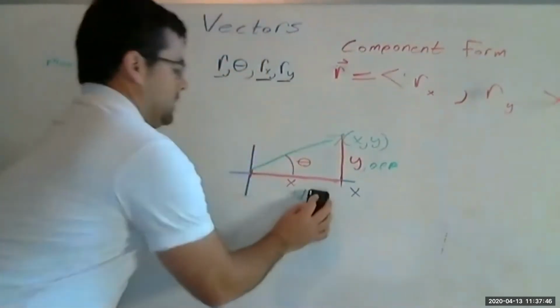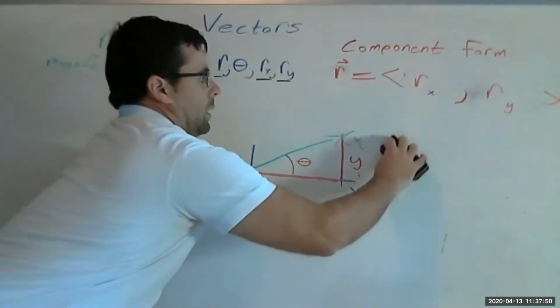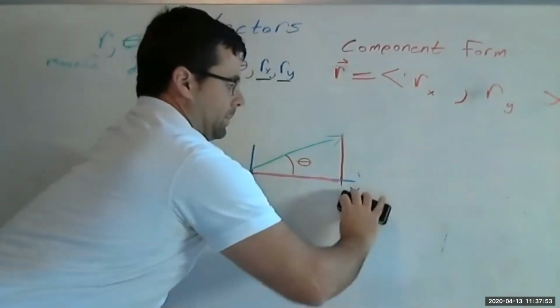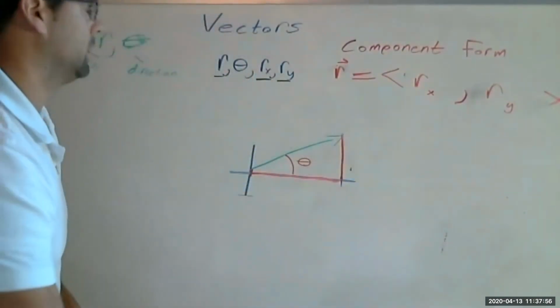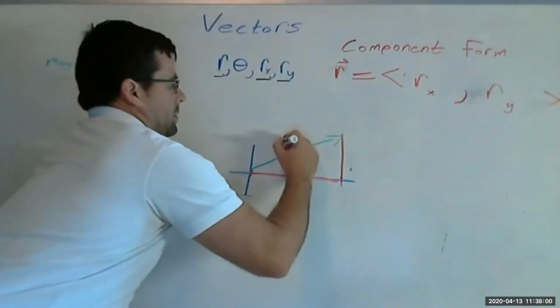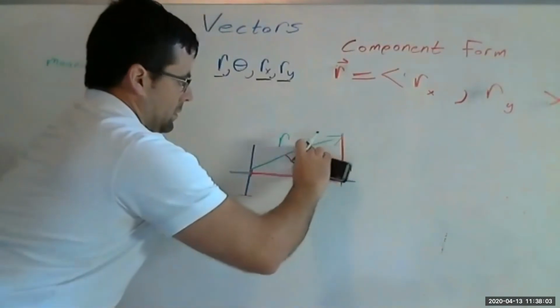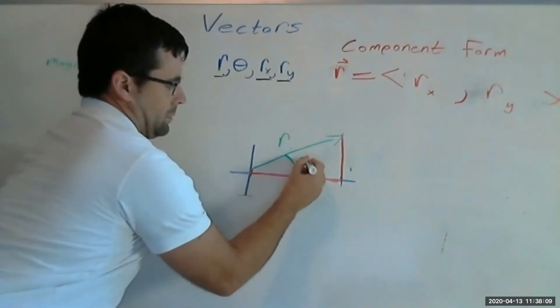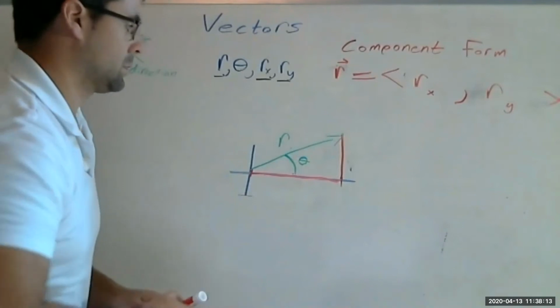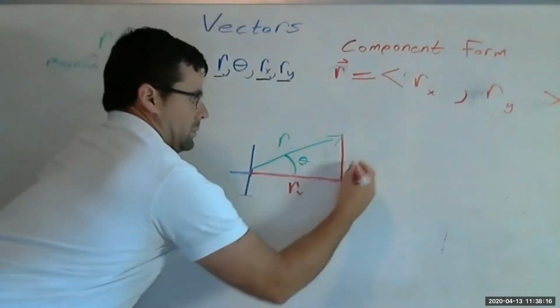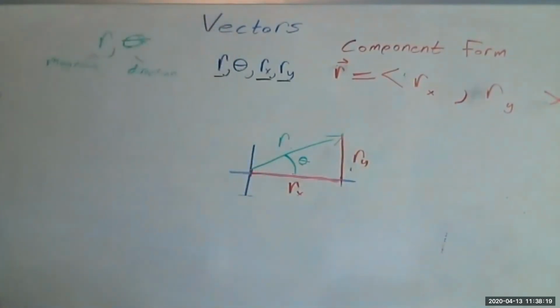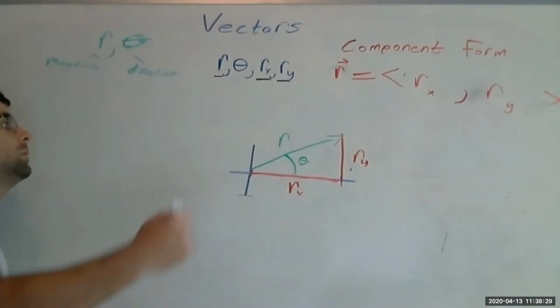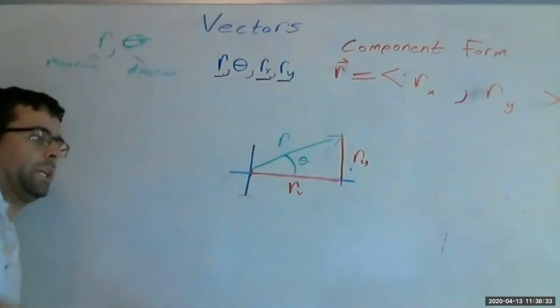So let's clear some stuff out. R is the vector, the green arrow.